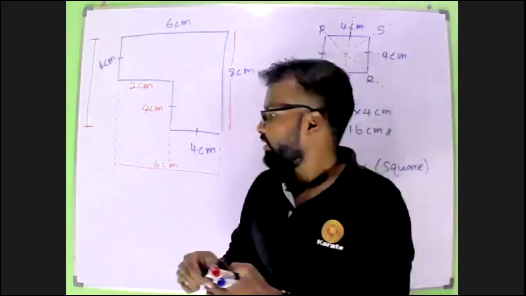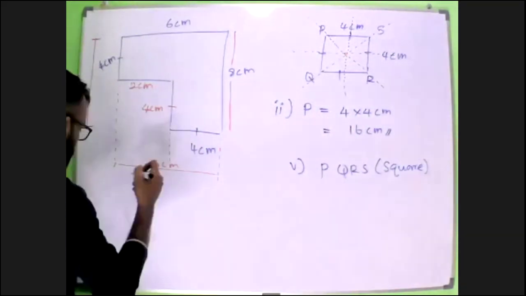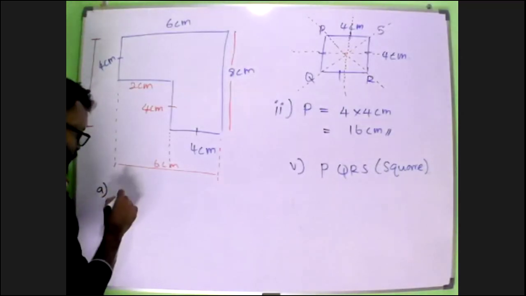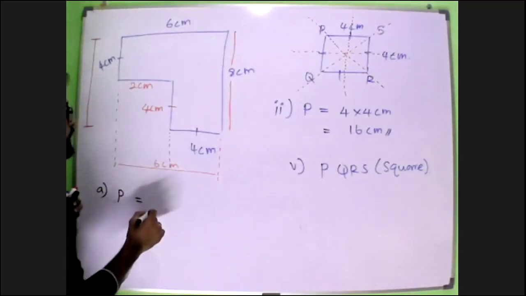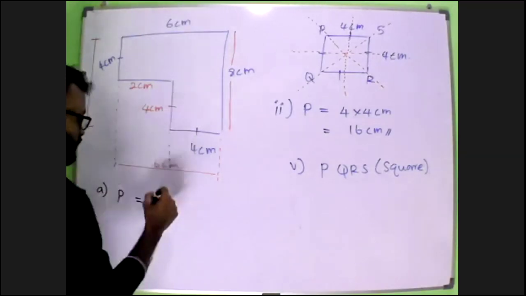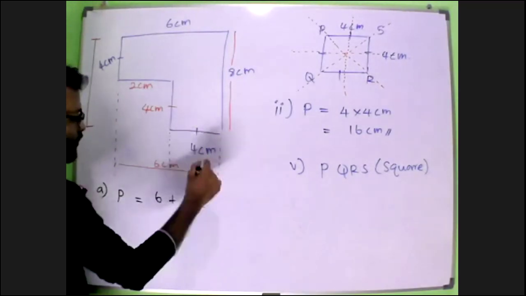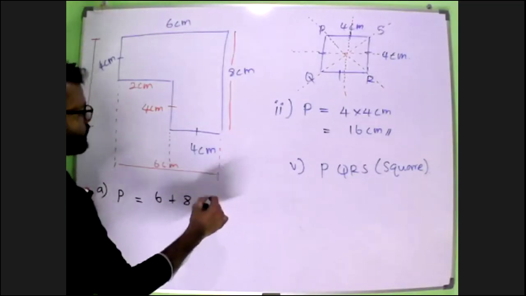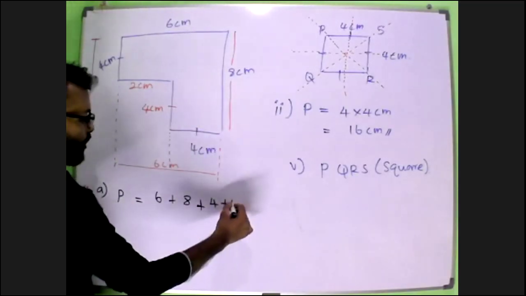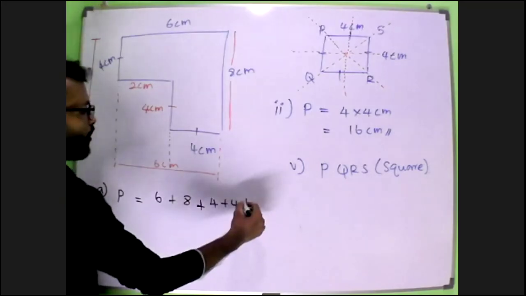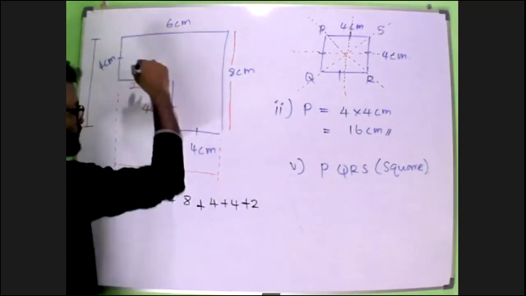Find the perimeter, right? A. You are going to find the perimeter of this figure. Perimeter equals, so I will begin from 6. 6 plus 8 plus 4 plus 4 plus 2 plus 4.